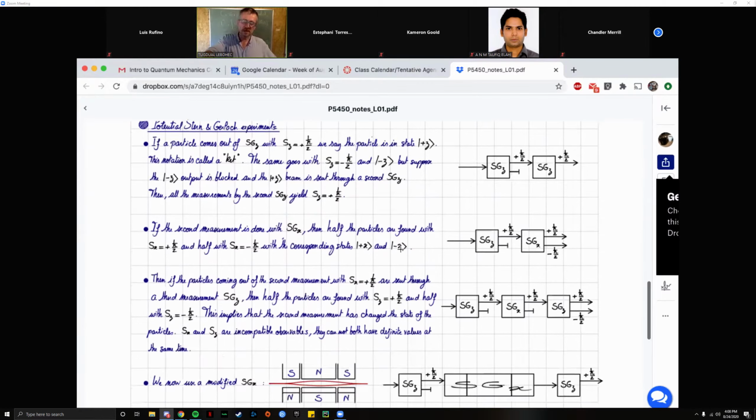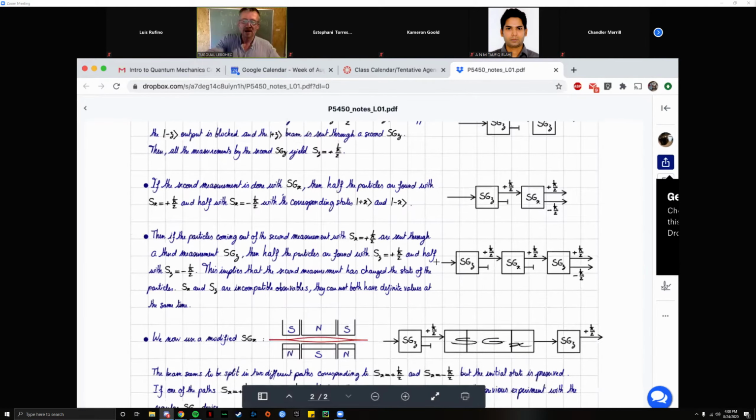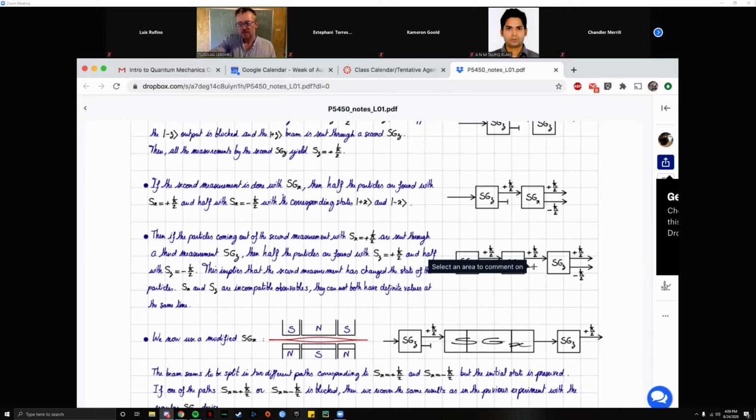Then maybe do another experiment where this time you would combine 3 Stern and Gerlach devices. So the first one would be the same one as in the 2 previous experiments. Then the second one would be the same as the previous experiment, so measuring the X component of angular momentum. But this time we would block, let's say, the particles that were found with an X component of the angular momentum that is negative, for example.